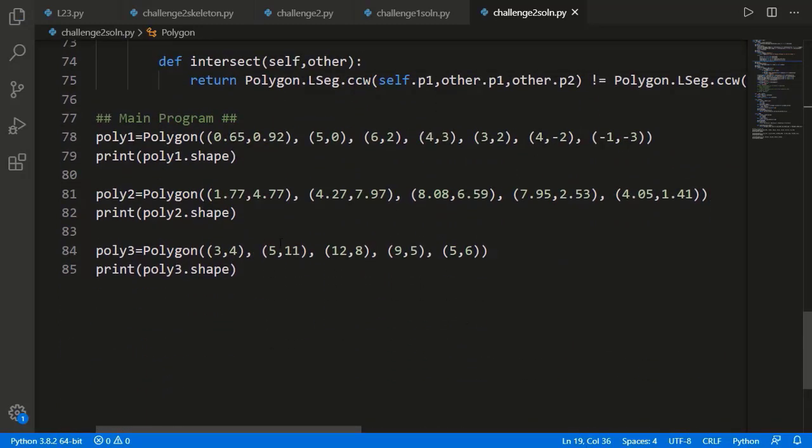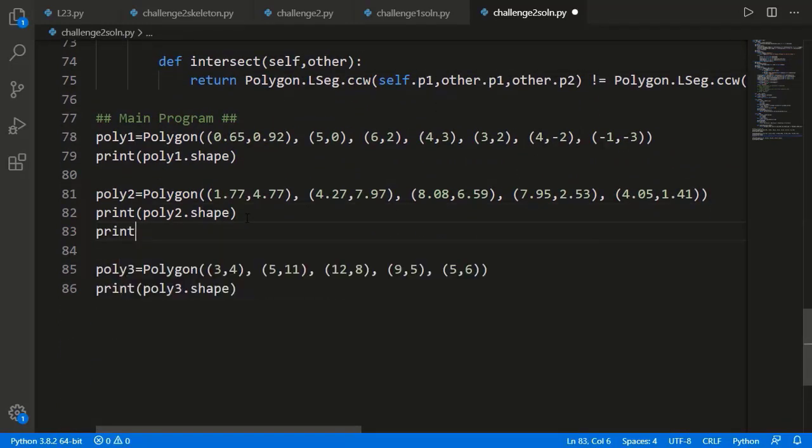Now let's test the perimeter and area for one convex and one concave polygons.